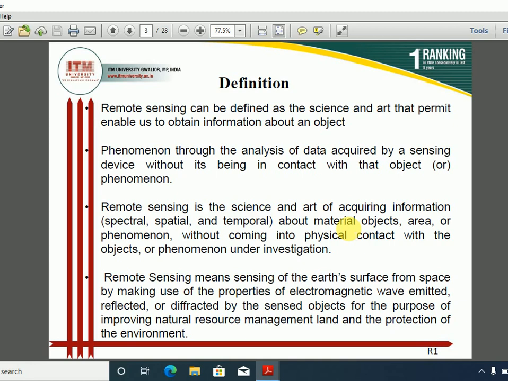Each and every object on the earth's surface has a specific feature, a specific resolution, a specific signature for itself. So the remote sensing technique basically traces its specific signature, a specific characteristic for which it is very well known. In the remote sensing technique, the electromagnetic rays or electromagnetic waves are captured, and they help us to interpret the object or the particular situation.